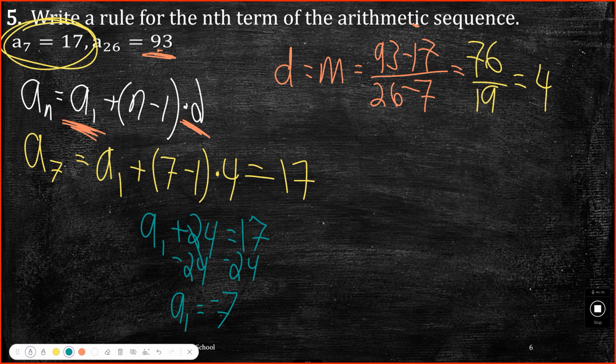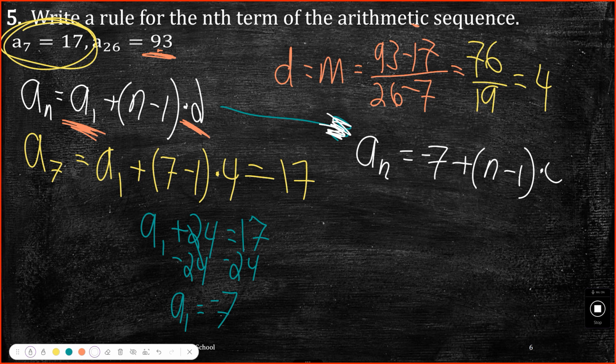So let me go here. Use a different color. So this is going to be A sub n equals A1, which is negative 7, plus n minus 1 times the common difference of 4. Multiply it in.